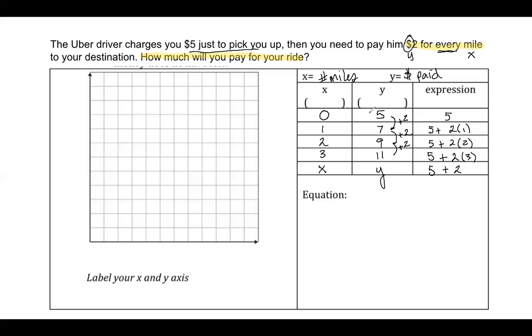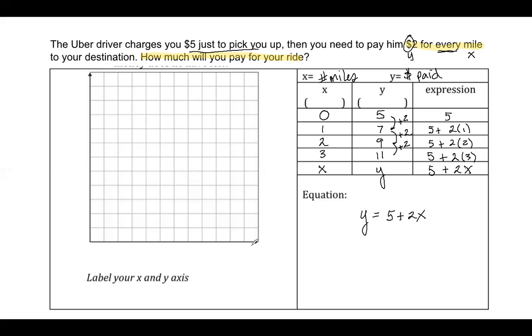And the groups of 2 are the same as the number of miles. For 1 mile, 1 group of 2. For 2 miles, 2 groups of 2. For 3 miles, 3 groups of 2. For X miles, X groups of 2. So that is our equation. Y equals 5 plus 2X.